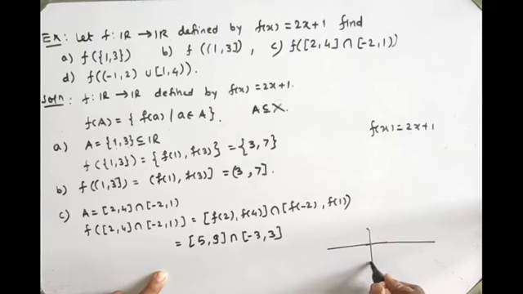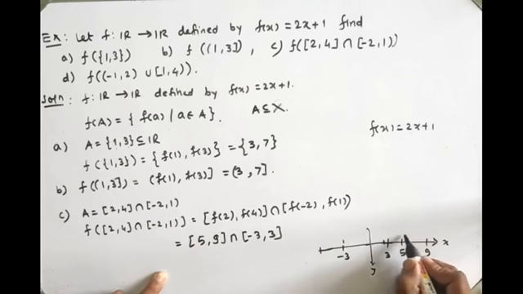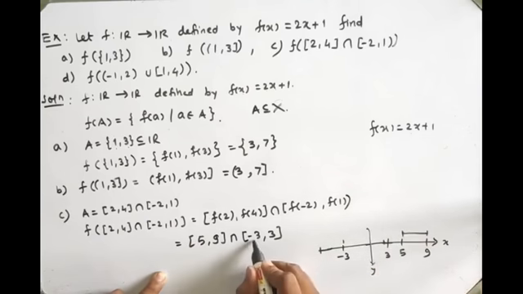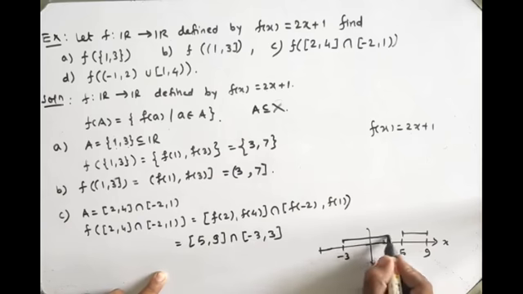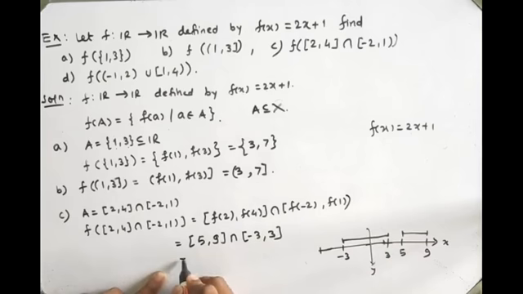Suppose this is -3 and here is 3, and here is 5 and here is 9. So our 5 to 9 set is here and -3 to 3 is here. There is no common point between these two sets, so the intersection will be empty, right?